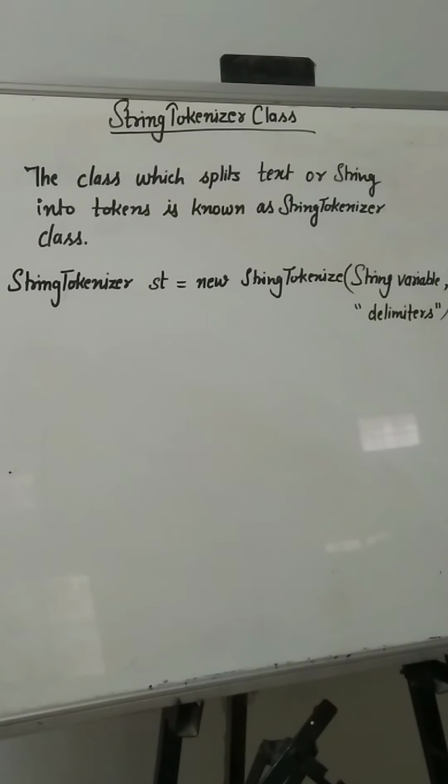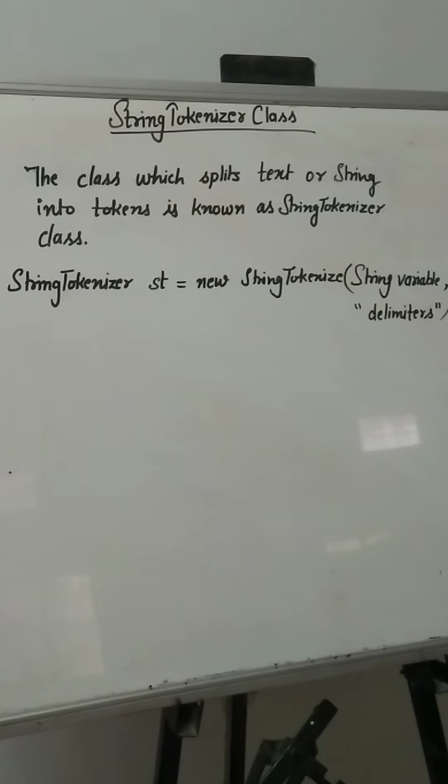If we are using the StringTokenizer class, it is required to import the util package. Without importing the util package, we cannot use the StringTokenizer class. Clear?